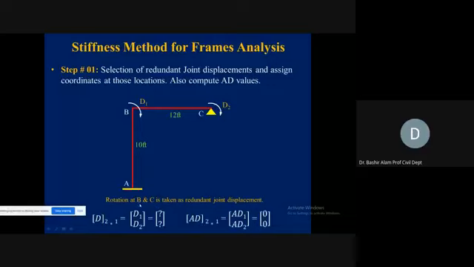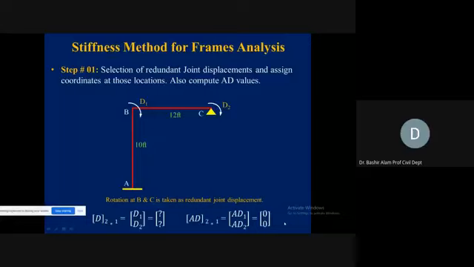Because rotations at B and C are taken as redundant joint displacements. Now corresponding to D1, do we have any externally applied moment? No, we don't have it. So AD1 is equal to 0. Similarly, corresponding to D2 at joint C, we don't have any externally applied moment. So AD2 again is equal to 0. So we have now constructed the AD matrix.